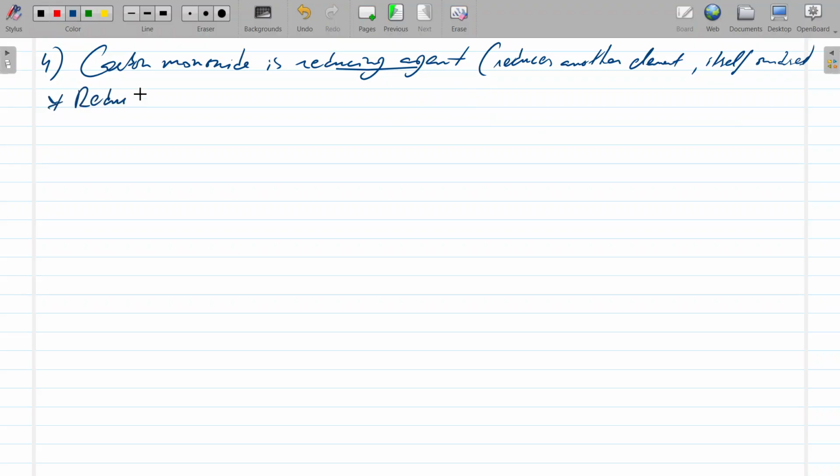As a recap, reduction can be the loss of oxygen, the gain of electrons, or a decrease in oxidation number.